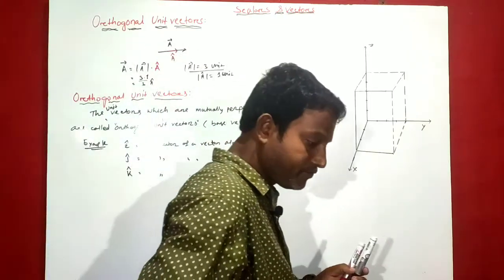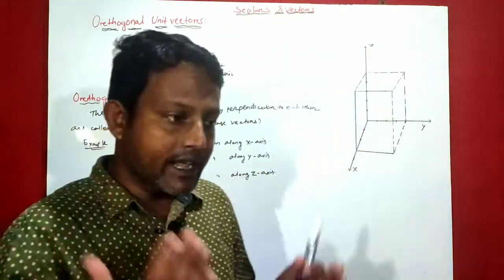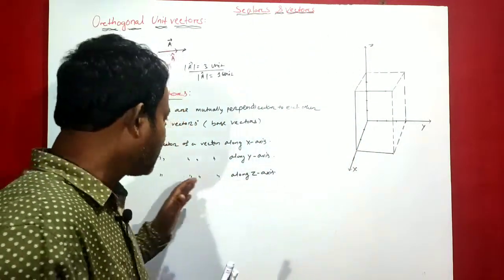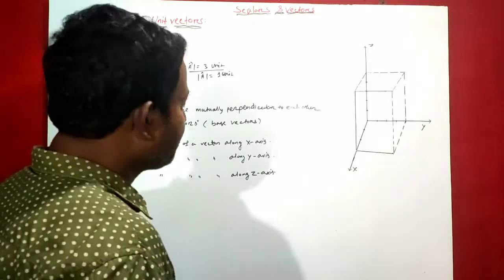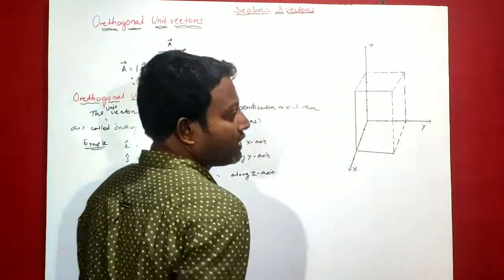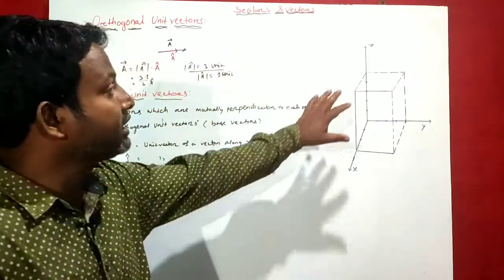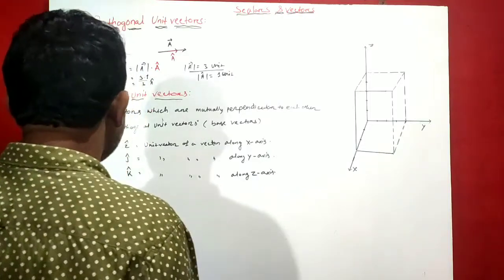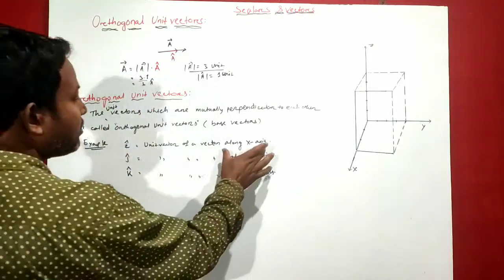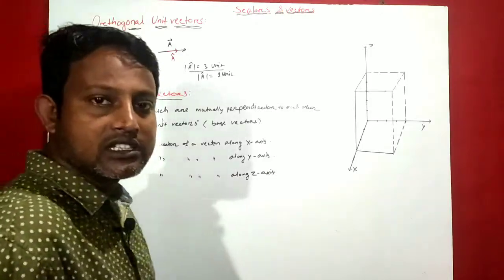Guys, actually we take the unit vectors I cap, j cap and k cap along the three coordinate axis, x, y, z. So I cap is along the x axis, j cap is along the y axis and k cap is along the z axis.